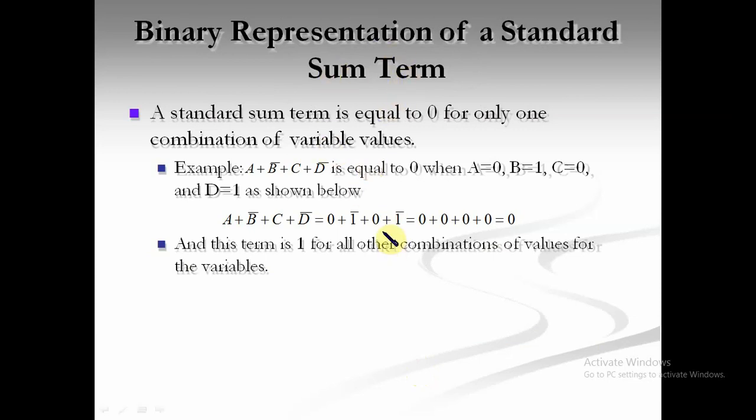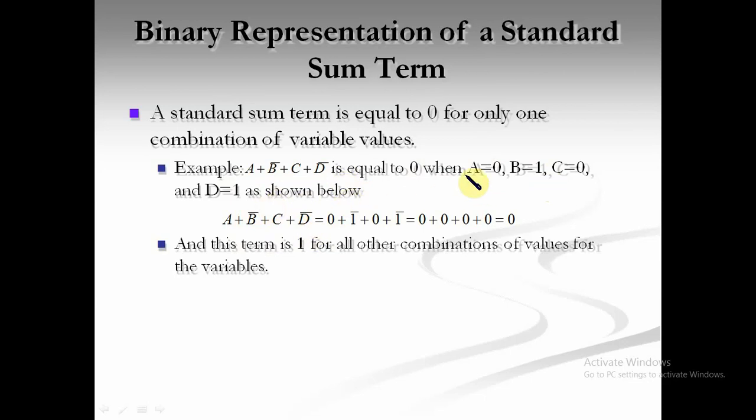It is the canonical form we see in the chart. How to write the binary representation of some terms. Here is the example: a plus b bar plus c plus d bar is equal to 0 when a is 0. In POS form, a barred variable is identified as 1, here d bar and b bar are 1, and the remaining terms are 0.